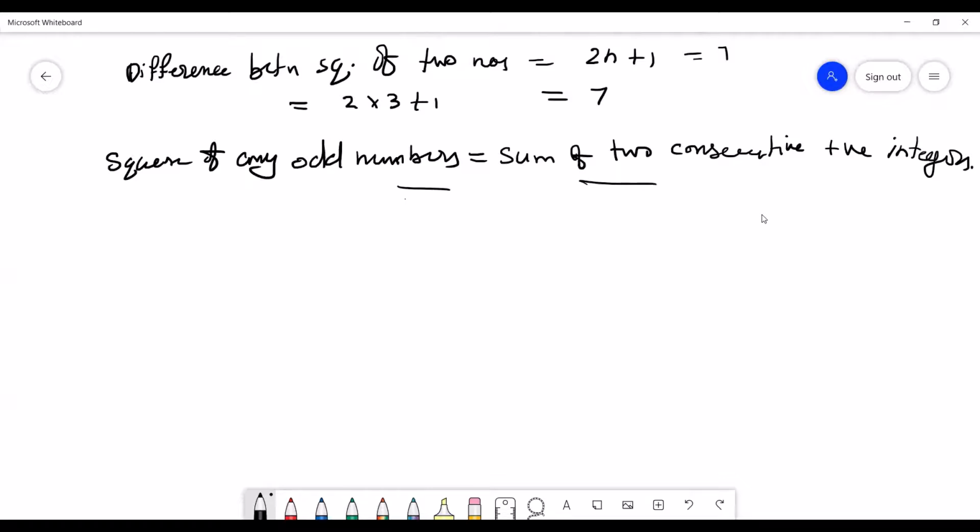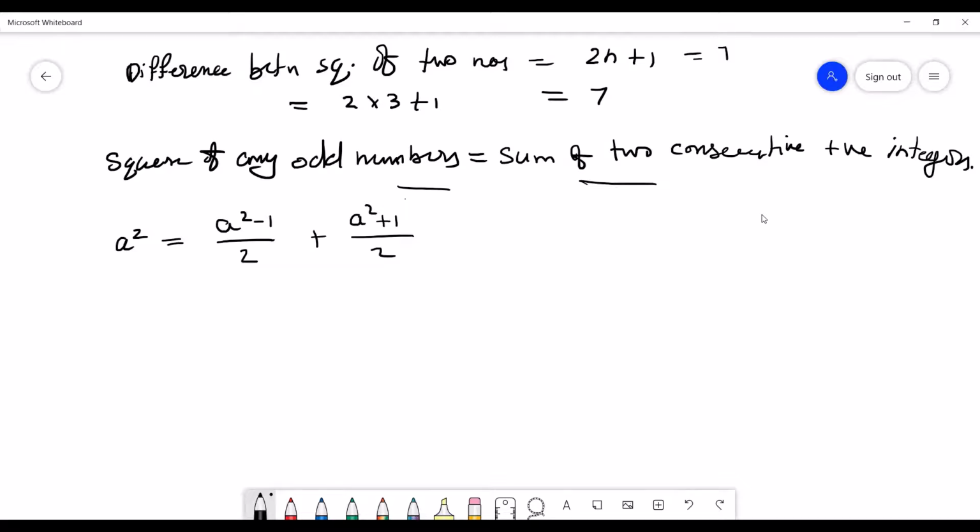Square of any odd number is the sum of two consecutive positive integers. We can write it as, if the given number is a, then a square is equal to (a square minus 1) by 2 plus (a square plus 1) divided by 2. In this format we can write the square of any odd number.